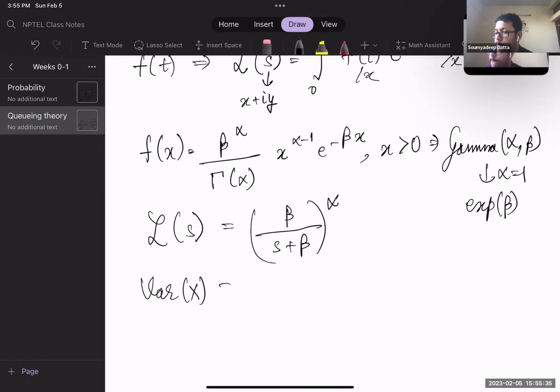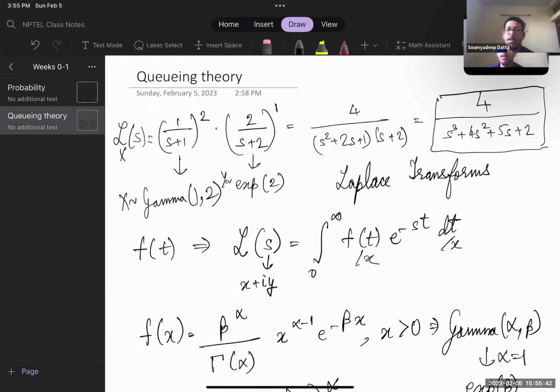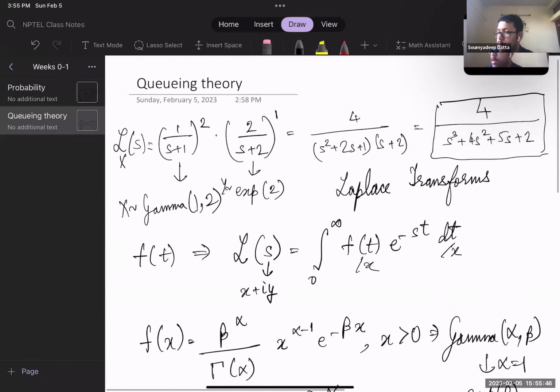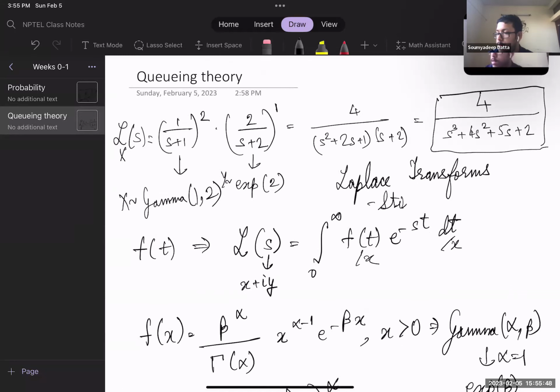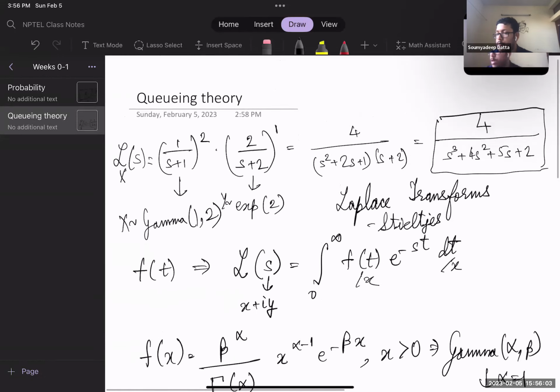All of this math of the Laplace transform is also known as the Laplace-Stieltjes transform, named after another scientist. So the LS transform is also there in your course. You have to compute the variance of x for this kind of a function.